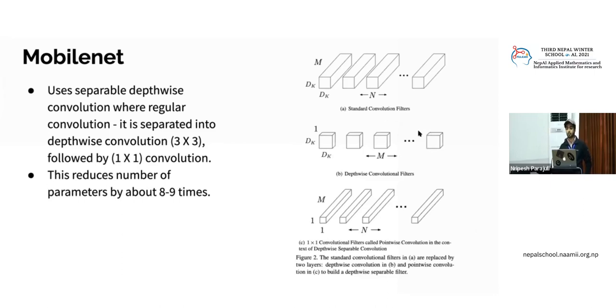When you're doing these separable convolutions, instead of doing the full convolution, first you do just a 3 by 3 convolution on the spatial features, but you don't multiply across the 64 features.